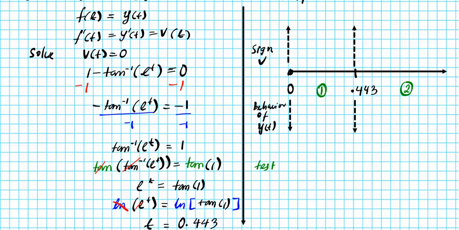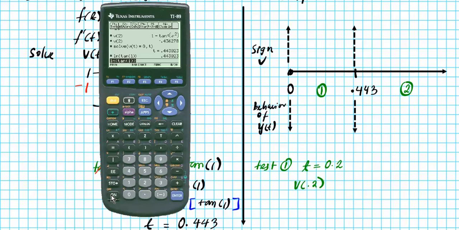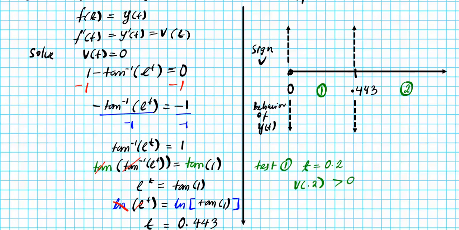Okay, so we're going to test interval 1 with t equals something between 0 and 0.44. Okay, I said 0.2. v of 0.2. What we care about is just the sign. Okay, we don't really care about the value. So let's go to our calculators. What is v of 0.2? So v of 0.2. Enter. It's positive. Okay, v of 0.2 is greater than 0.